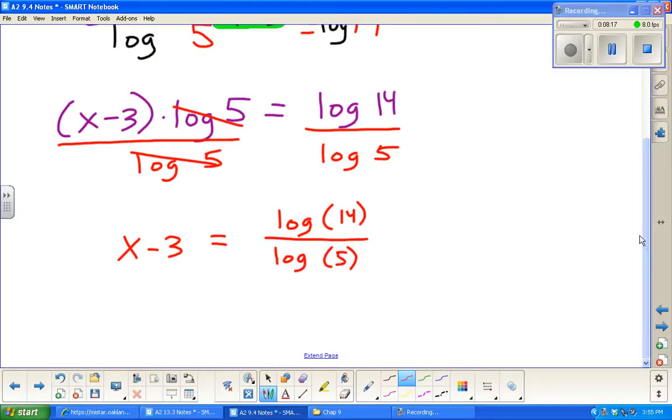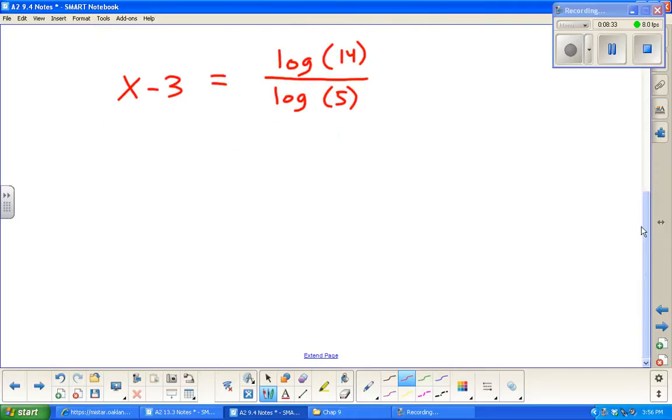So if we do that right side on the calculator real quick, again, use the parentheses, it's key. Log 14, close it up, divide by log 5, close it up. That gets me about 1.6397. So x minus 3 equals 1.6397.